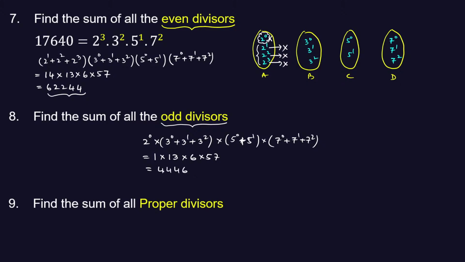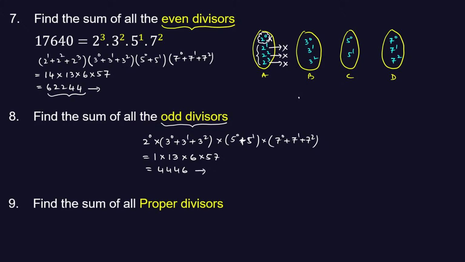Is it clear? Now see one interesting thing. As we all know, the divisors are either even or odd. So the sum of the even divisors we got is 62244, and for the odd divisors we get 4446.